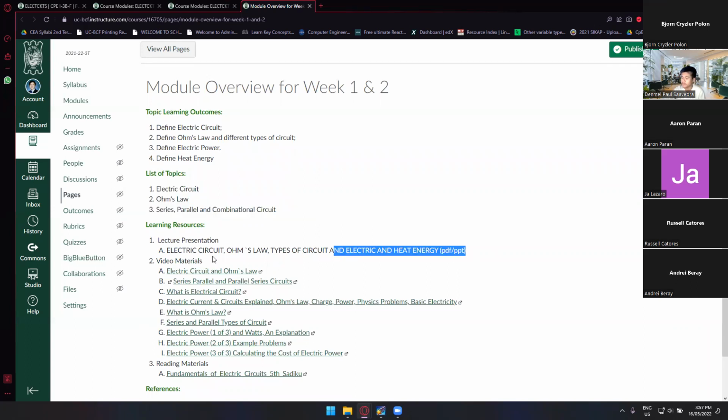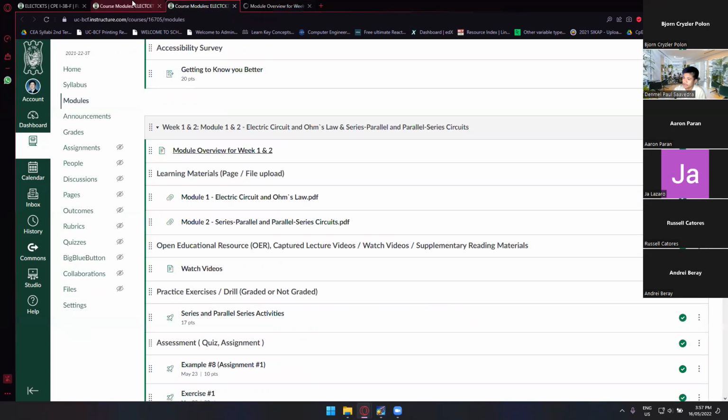And then we have, I'll just correct this later on, but this is actually 2 modules. So the first one is this one, which is module 1, and this one is the second module, which is module 2. And there should be another one right here, which is the series and parallel. So let me just put this one in real quick.